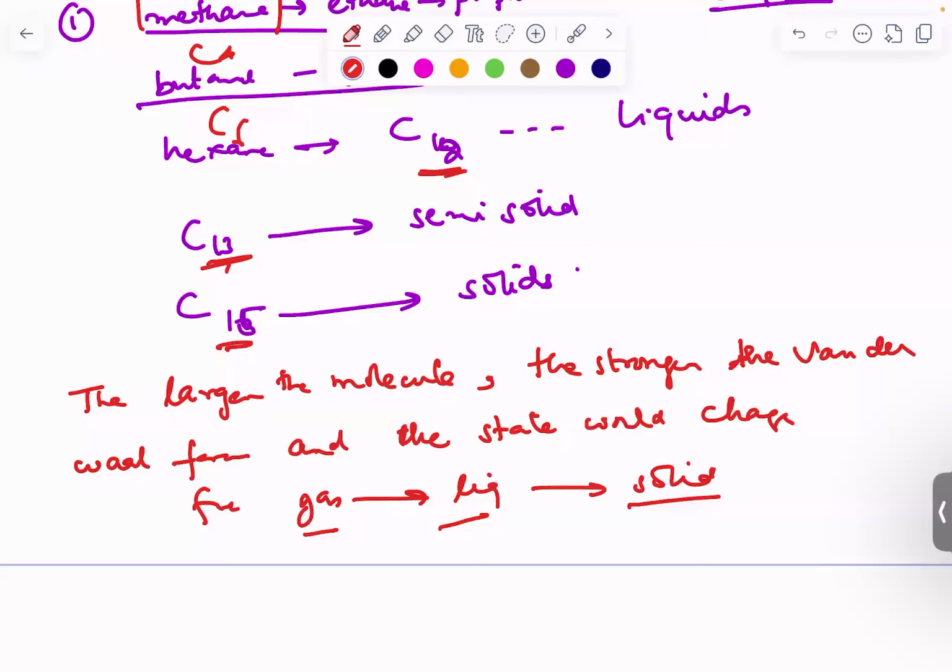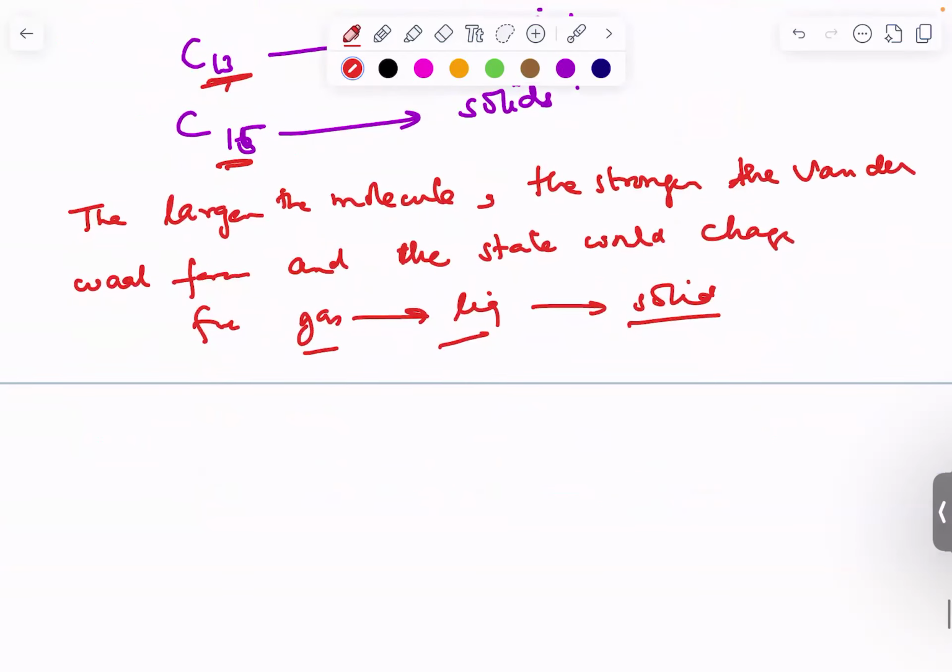This is only because of the weak van der Waals force, which is actually London dispersion force. And after that, if the state changes, what else would change, Zaina? If the state would change from gas to solid, what would also be higher?